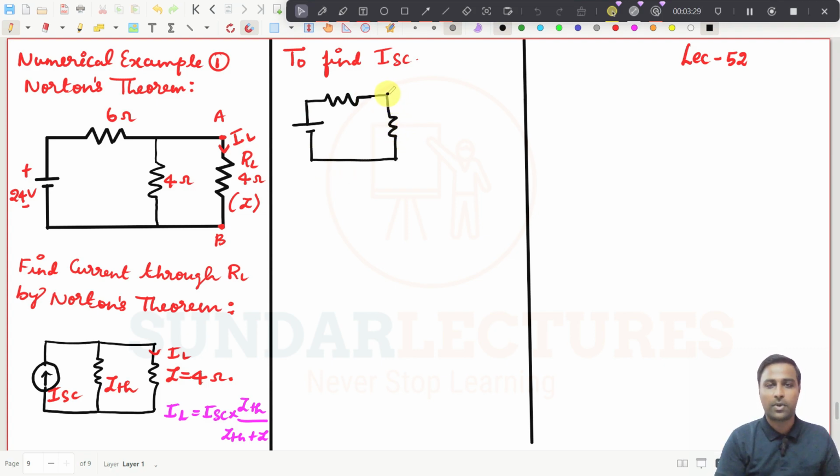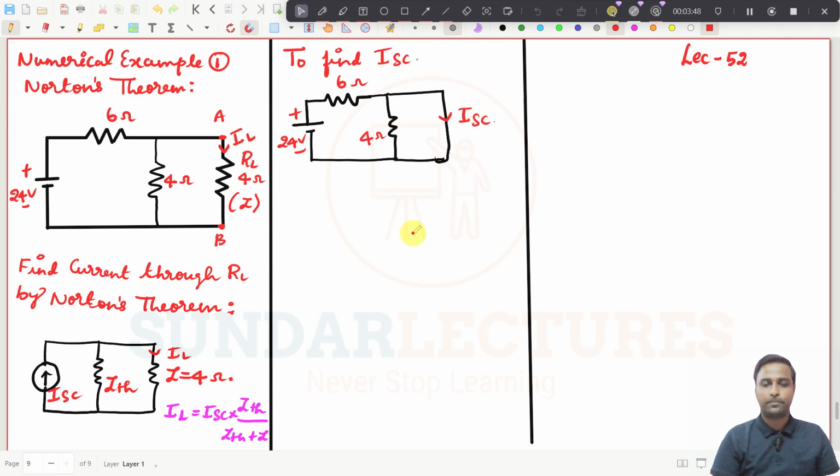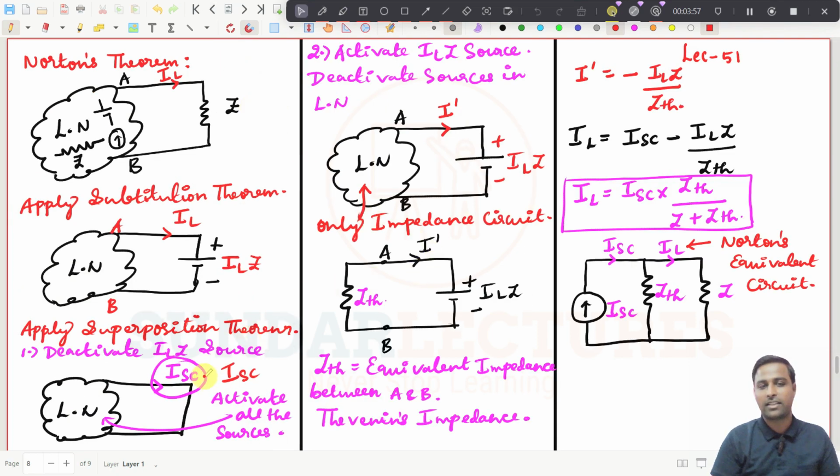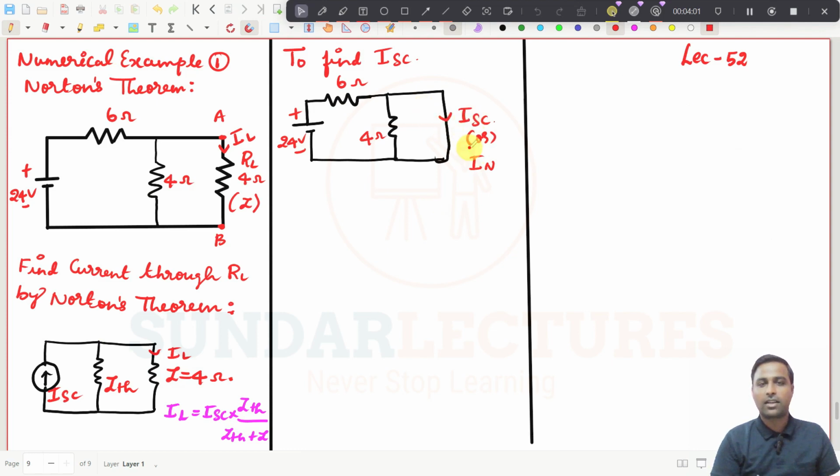This is the linear network, and this will be short circuited. You need to find the current here, which we will call Norton's current. This ISC can also be considered to be Norton's current.